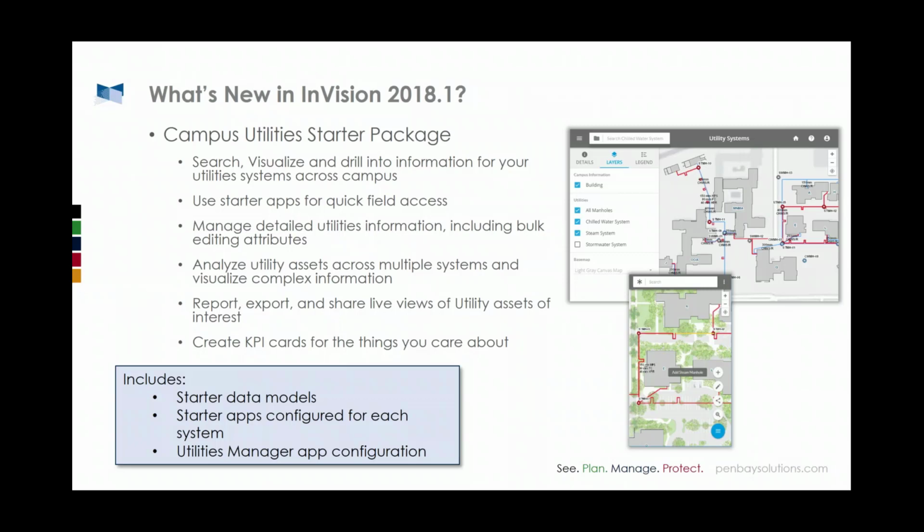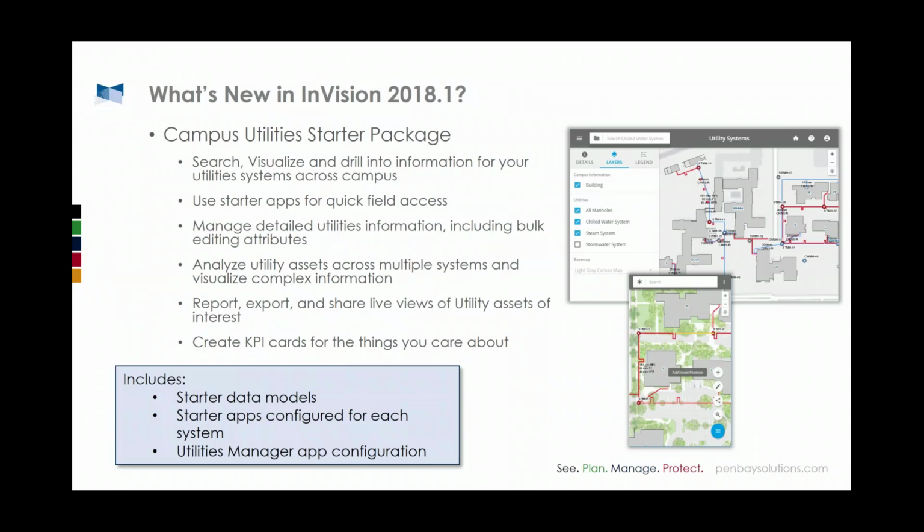And some of these utilities are interesting in that they're more complex than some of the utilities you might find in the commercial space. So you think about steam or chilled water that are actually two line systems. You have a source and return. So these complex utility systems are both interesting and unique and much more numerous on your typical campus than they are in the commercial world.